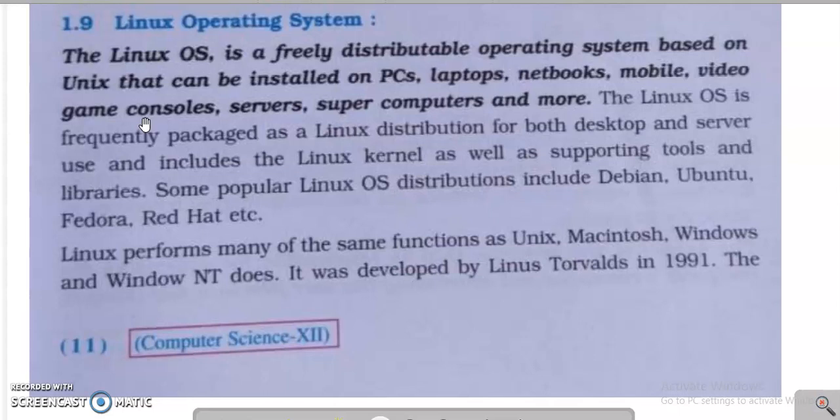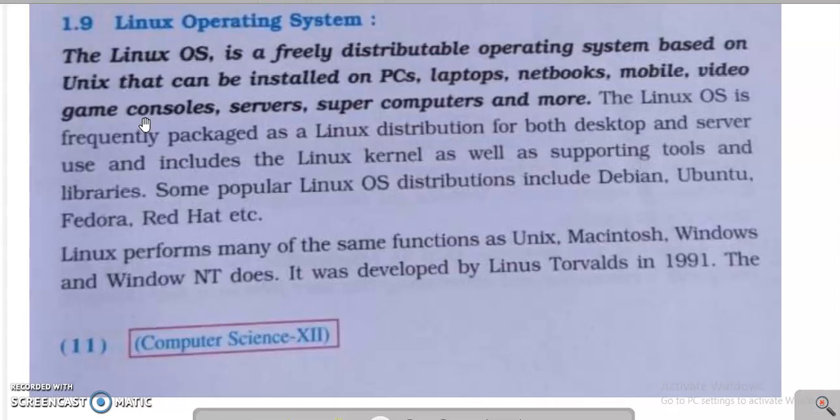Not only is this operating system free, but it accepts amendments and changes in the operating system itself. Users can use it and change their operating system, and it is totally accepted by Linux.